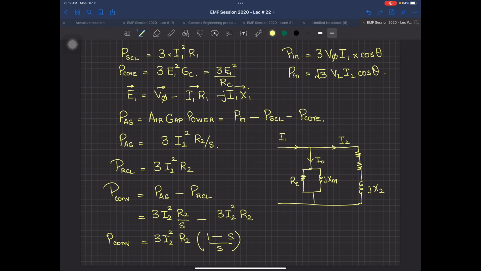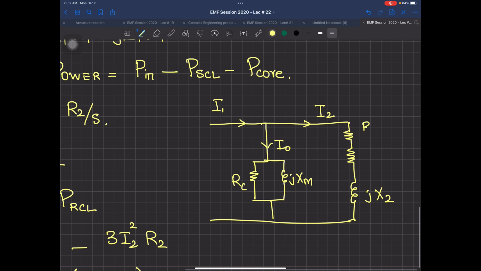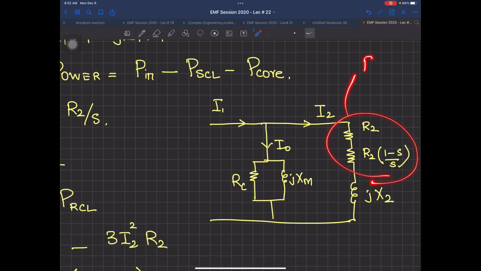This one is still jX2, and this one is R2, and this resistance is R2 (1 minus S) over S. If you add these two resistances, your answer is still R2 by S. But we know R2 is the practical rotor resistance per phase.